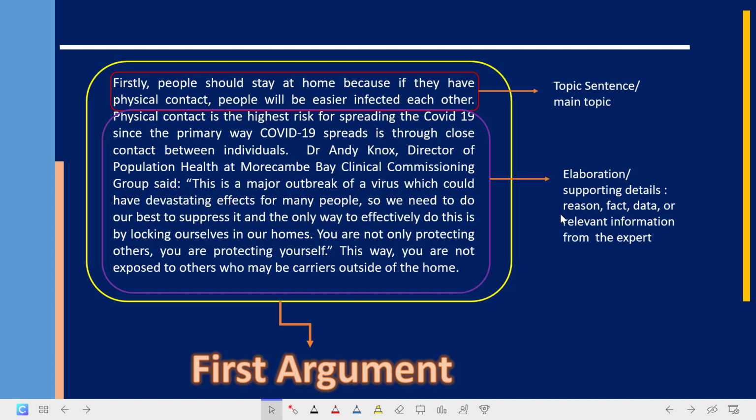For example, by giving the reason, fact, data, or relevant information from the expert. In this part, we can see the reason here about this main topic, and then we can also see this. Yep, this is the relevant information from the expert, Dr. Andy Noakes, Director of Population Health, and he said about the main topic. So this is the relevant information from the expert.